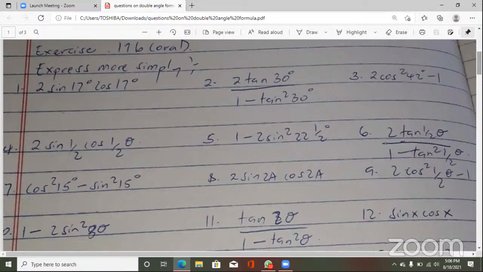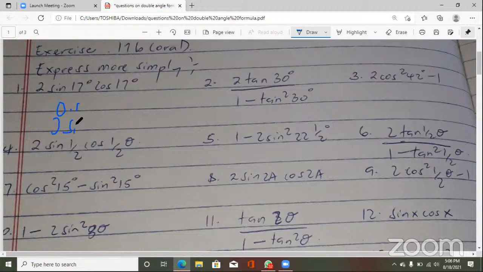What is needed there is to summarize it, to express it as a single term. Because we said sine of 2x is equal to 2 sine x cos x.